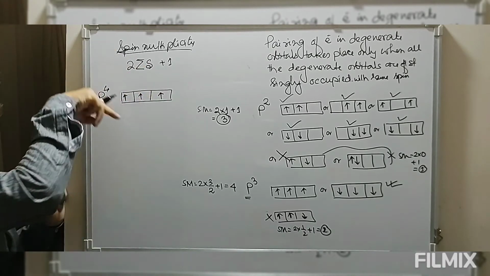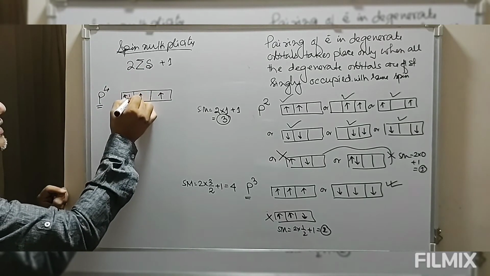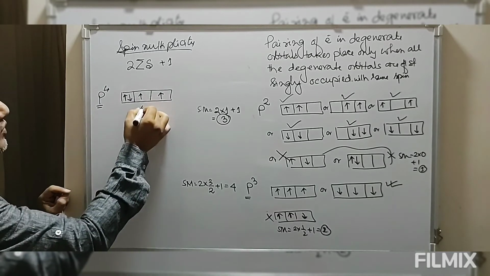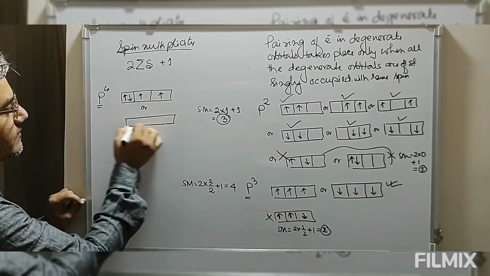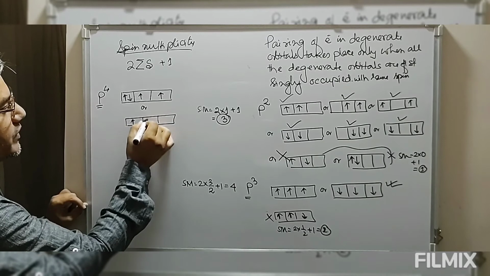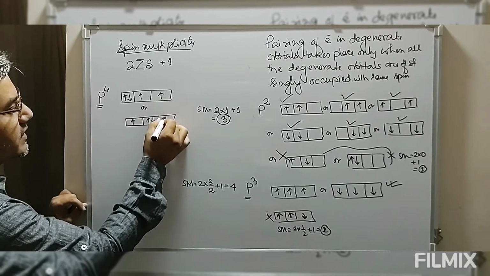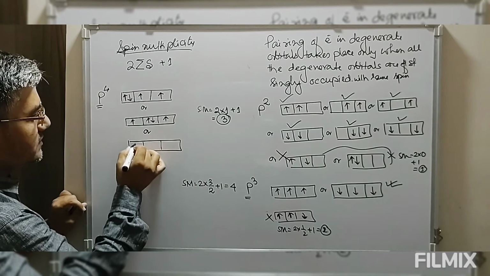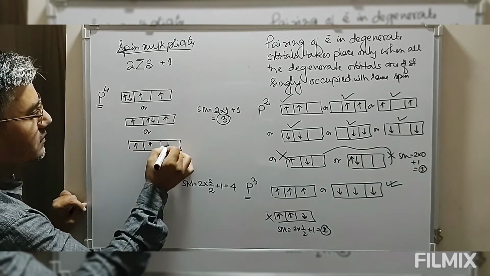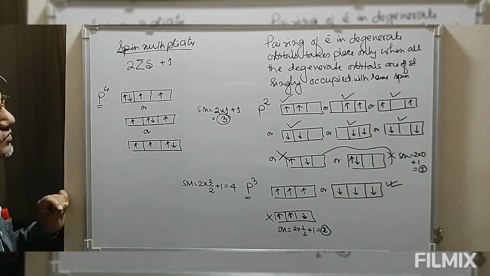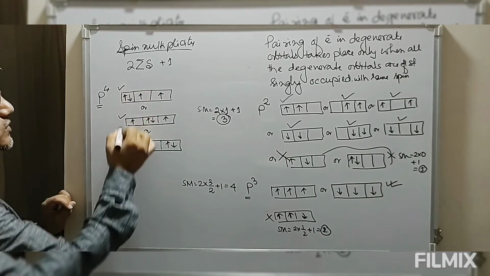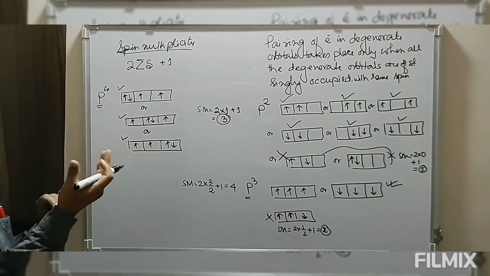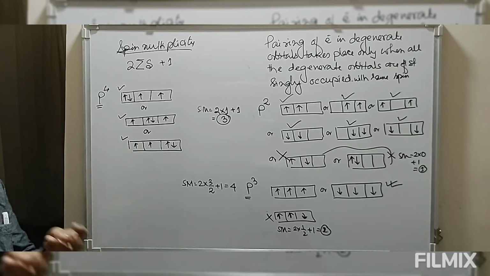Then the 4th electron has to undergo pairing here. We can also have this configuration. This is again allowed, or we can have this. This is allowed. So the 4th electron should undergo pairing after singly occupancy of the 3 electrons.